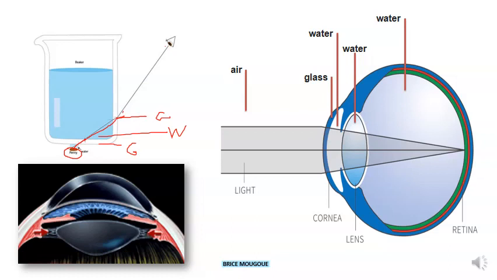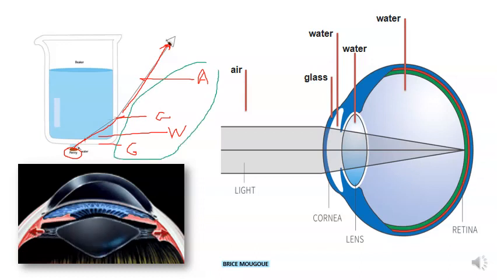And before it reaches the eyes, it will have to pass through air. This is air. So, how many different media do we have in this picture in the path of light? We don't have 4, we have 3, because glass is the same as glass. Okay, we have 3 media.